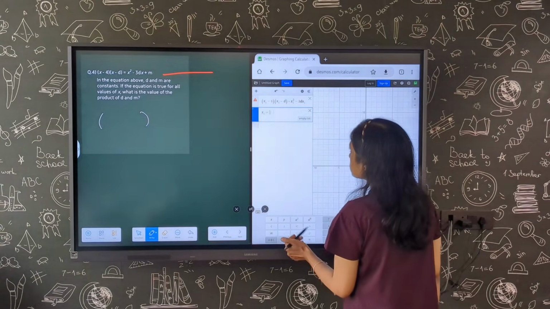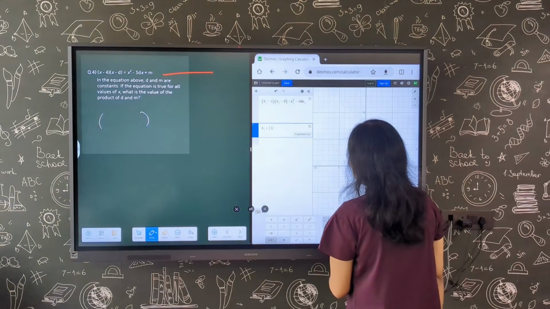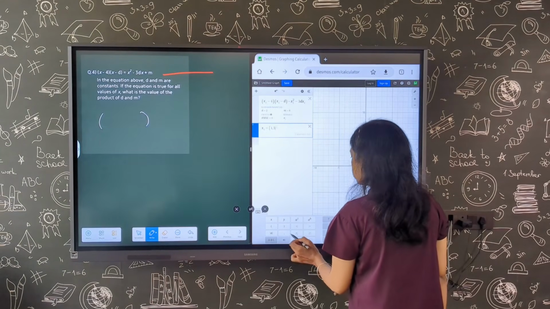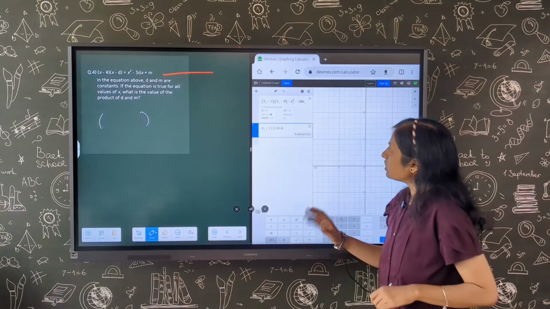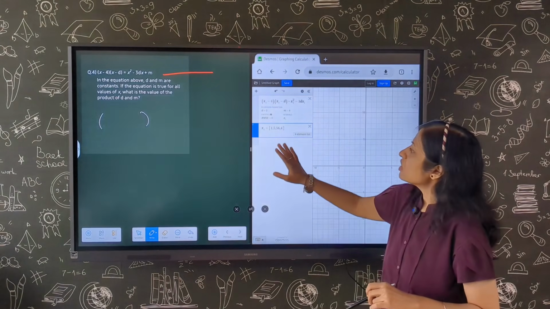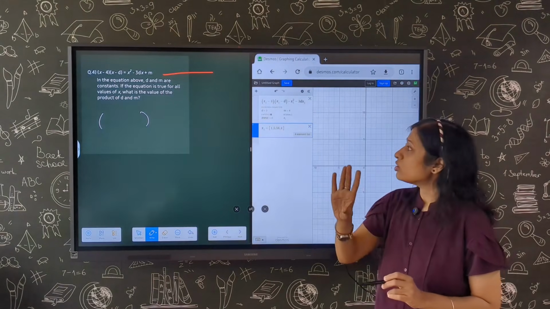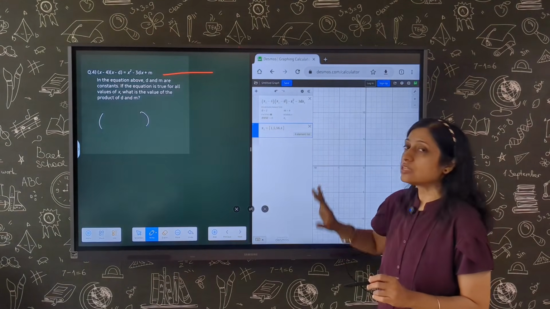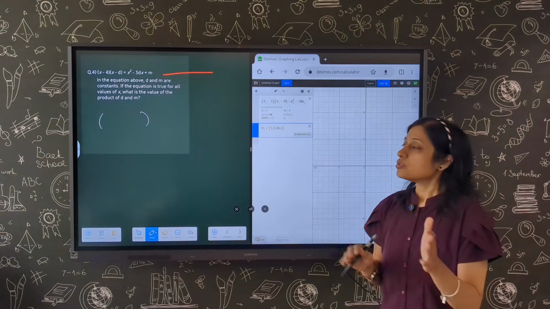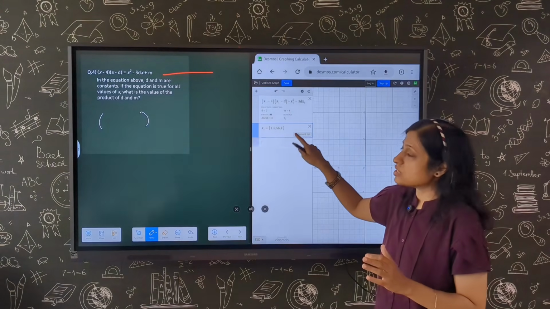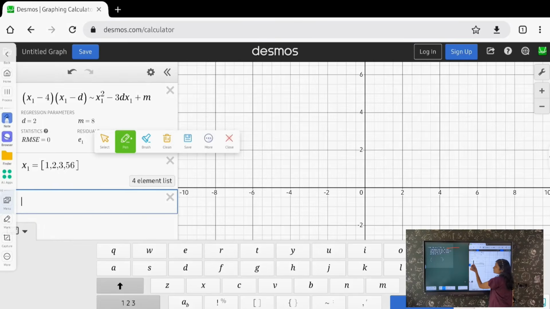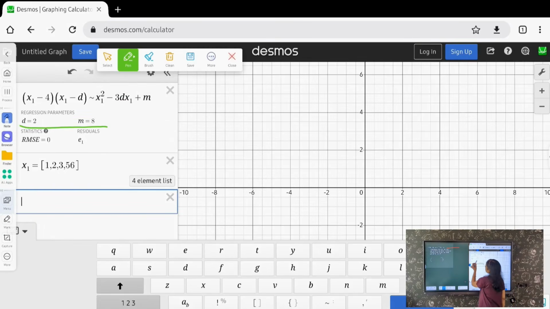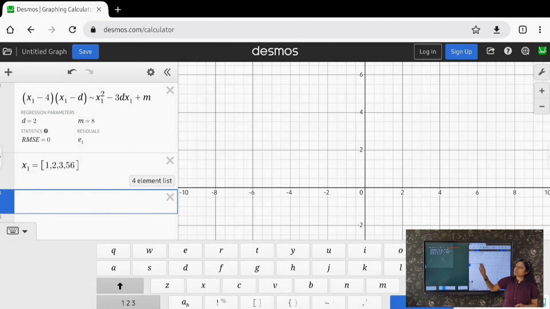So we are going to use x1 as 1, 5, 56, 4, any random values. So we have defined the values of x. So now x is not only one value, because by default the graphical calculator will consider x1 as 1. So make sure to always use this feature with this tilde sign. Now the value of d is 2 and the value of m is 8. And what is the question asking? Multiplication of d and m.